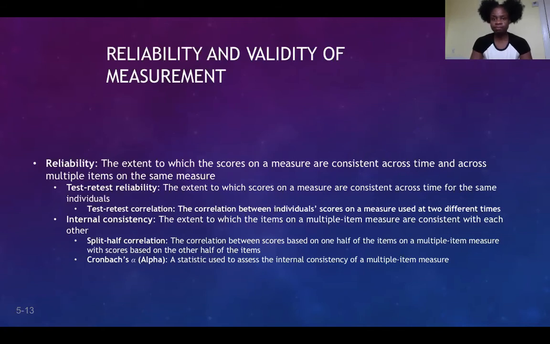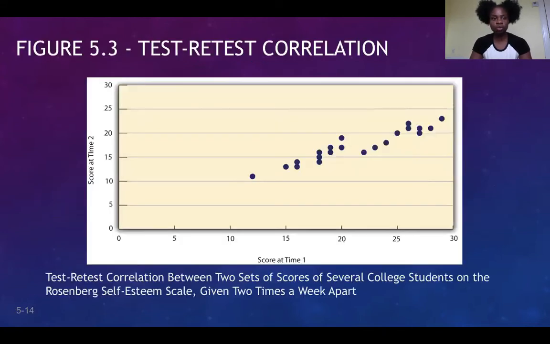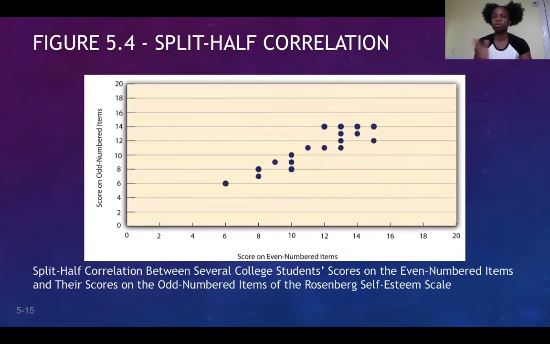For this, we are actually going to refer to figure 5.3. And depending on your text, it might be a figure off. So for some of you, it might be figure 5.3 or 5.5, okay? But for me, the book that I have, it's figure 5.5. So here again, we have a figure of a split half correlation.